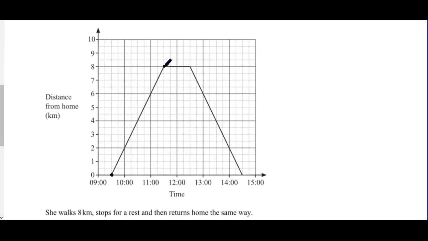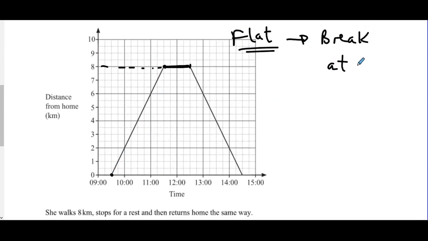As Angelique covers 8 kilometers, Angelique takes a break. As you can see the flatness here, this graph being flat means a break or a person is at rest. That is what it means.